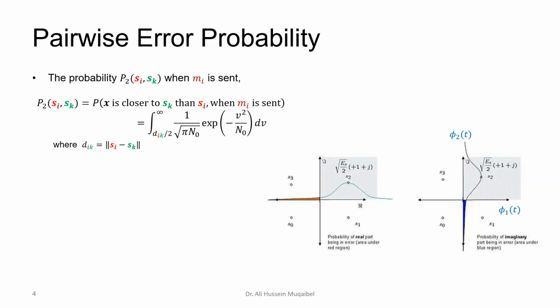On the constellation diagram, we can look at the probability of SK given that MI was sent. If we assume an additive white Gaussian noise channel, and we compare, for example, S2 with S3, then the decision between the two relies on the x-axis.